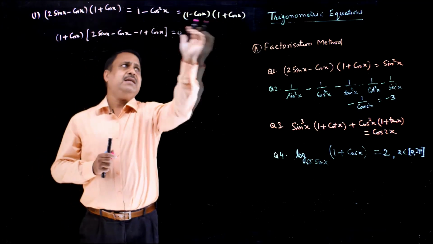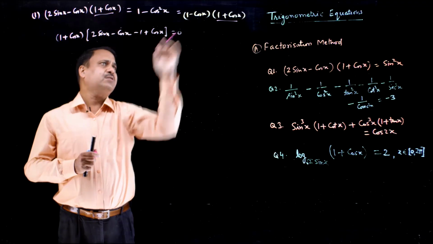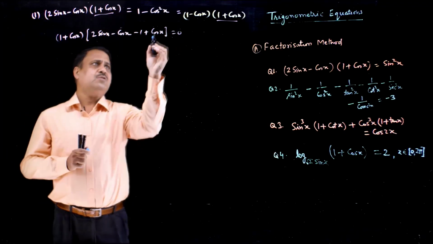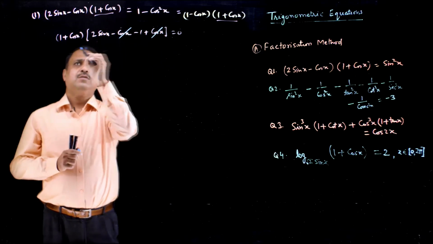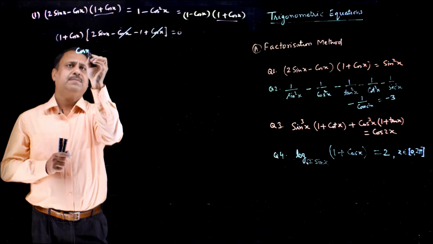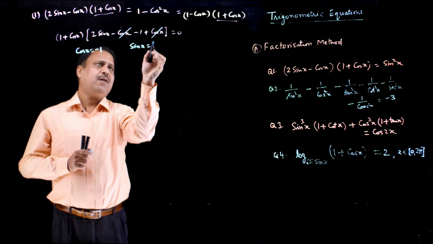This factor is common. So minus will come here, minus 1 plus cos x is equal to 0. So this cos x will cancel out. So from here we can have either cos x is equal to minus 1 or sin x is equal to half.